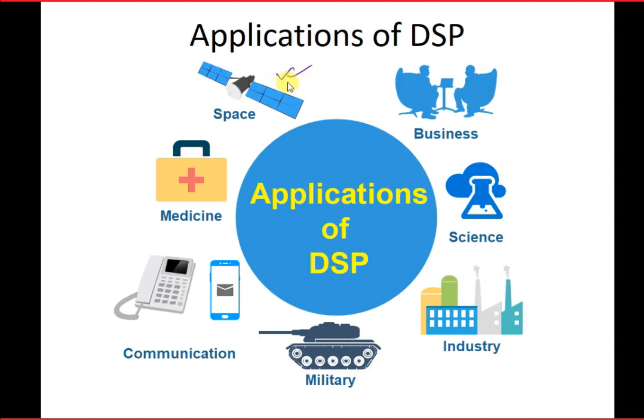So how is it being sent? The image is being captured from the moon surface, then it is being transmitted. How is it being done? We have the DSP. In business, every one of you has heard of the stock market. So in the stock market, you can use the DSP to have some profits.